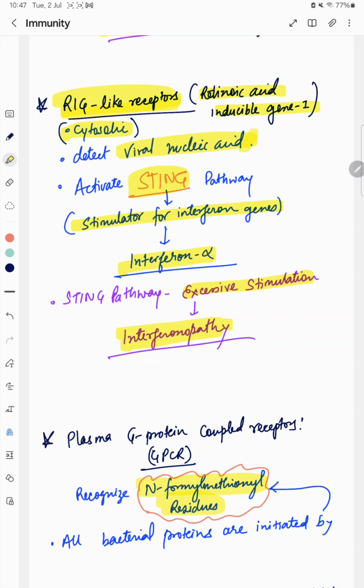STING stands for stimulator of interferon genes and results in interferon alpha secretion. On excessive stimulation of the STING pathway, it results in interferonopathy, an excess of interferon.